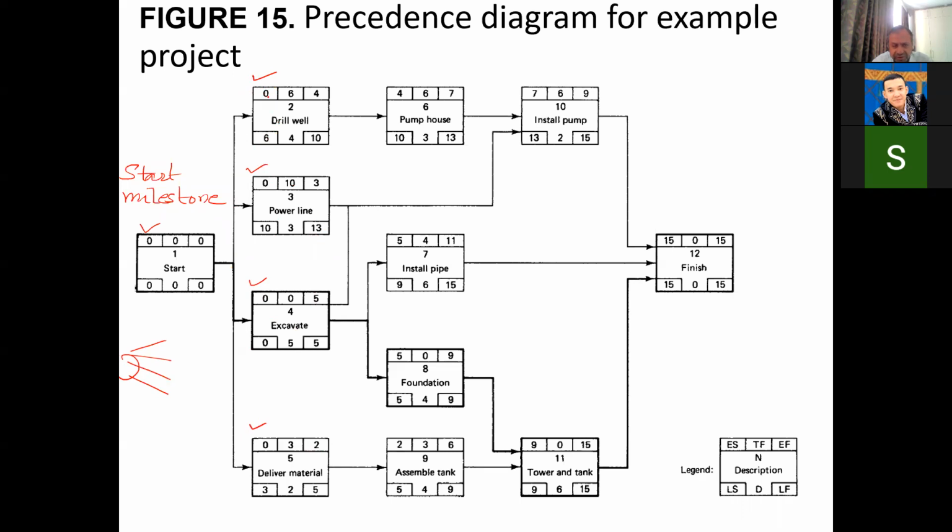From the early start time, add the duration, then we will get the early finish time. So 0 plus 4 is 4. 0 plus 3 is 3. 0 plus 5, we get this. And similarly, 0 plus 2, we get this. So from the early start time, we have got the early finish time.